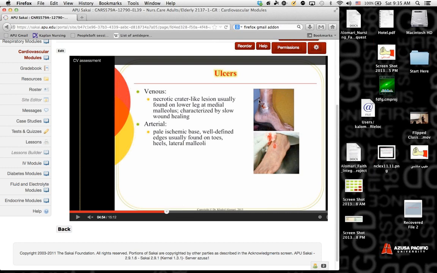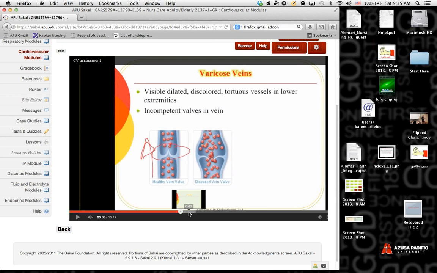The problem in the perfusion, again, if there are ulcers, the healing is delayed because of vascular problems. And this is the classical description of venous versus arterial. You can just remember that venous is dark and arterial is light, or fresh blood, usually red.